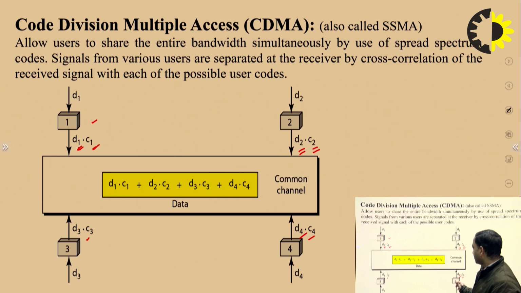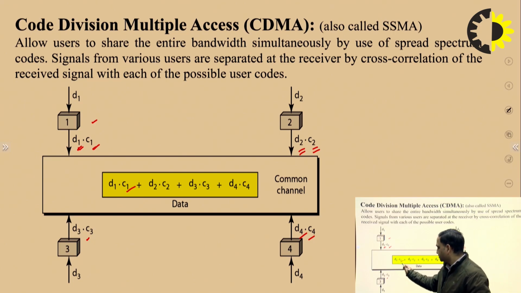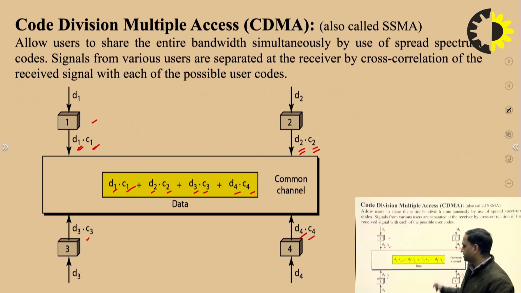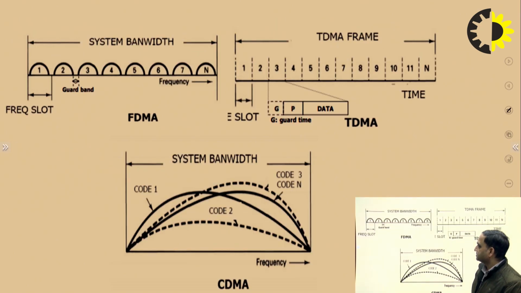So these are all the signals transmitted by using different codes. The pseudo codes are C1, C2, C3 and C4, and D1, D2, D3 and D4 are the symbols which are transmitted through them. So this is code division multiple access.